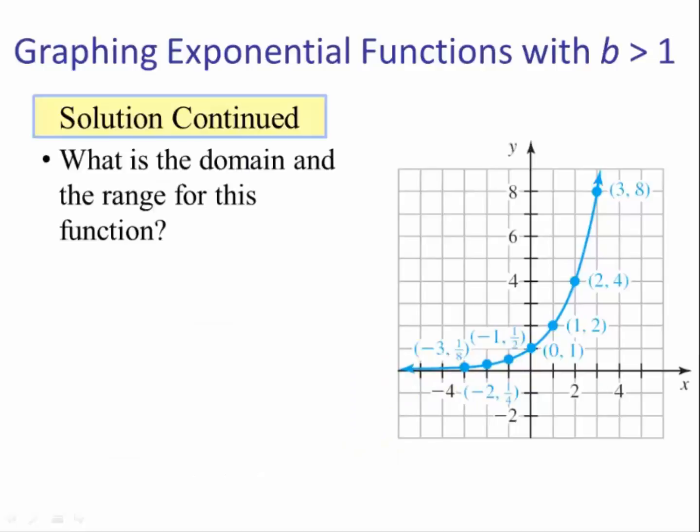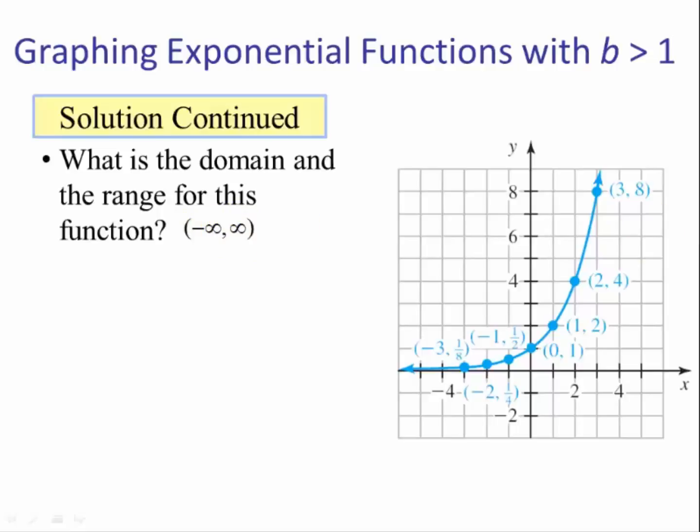Now, using this graph, we can answer some questions like, what is the domain and range of this function? What is the domain means what are the values of x that have a spot on this graph. If you think about it, this is going forever in the negative direction, and this is going to infinity in the positive direction. So the domain is all real numbers. We can write all real numbers as from negative infinity to positive infinity.